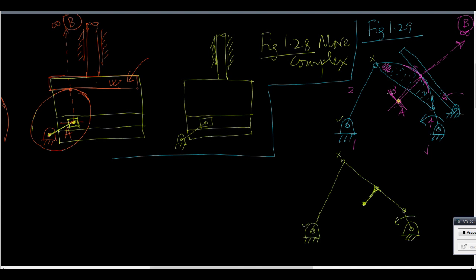Over here is a slider which is parallel to this rod, so that rod happens to be there. Sorry, let's clean that up a bit. So that's where that rod is.